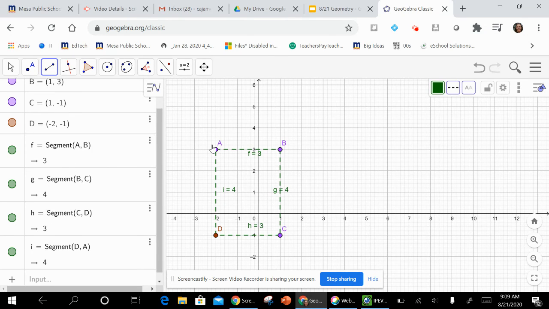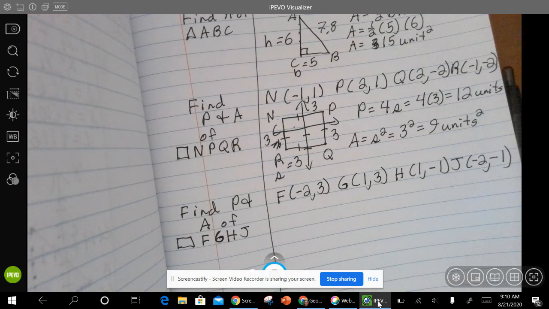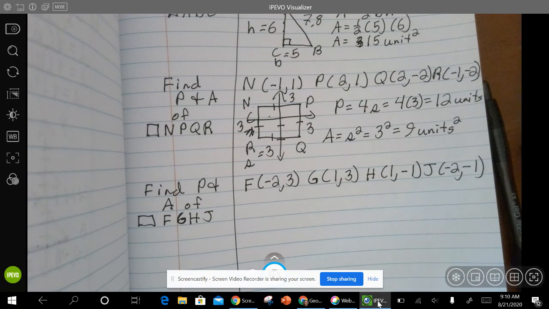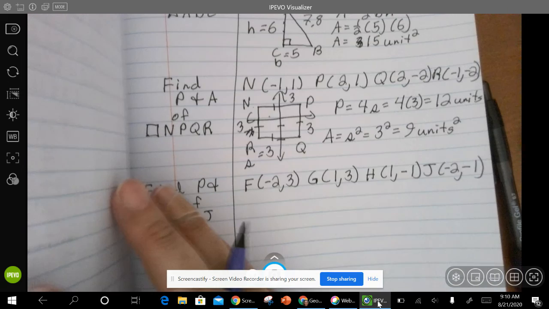Okay, so it's going to be 3 by 4 by 3 by 4 for our rectangle. And yes, everybody, I do want you to do a quick sketch in your notes.